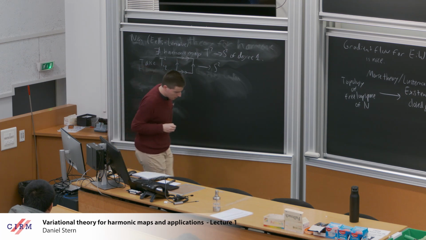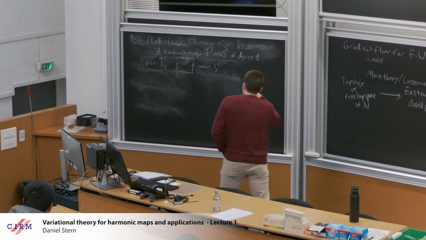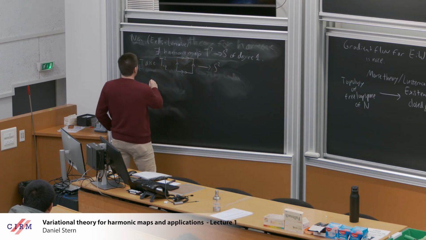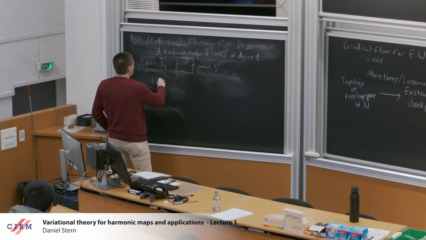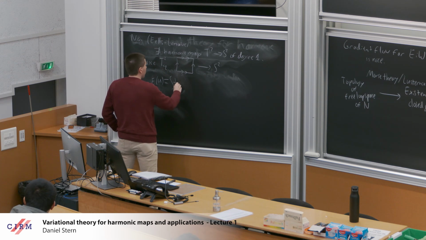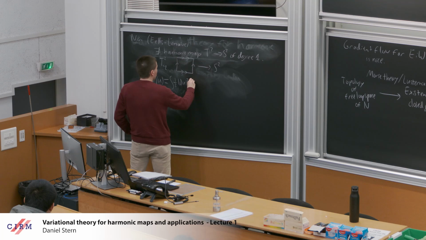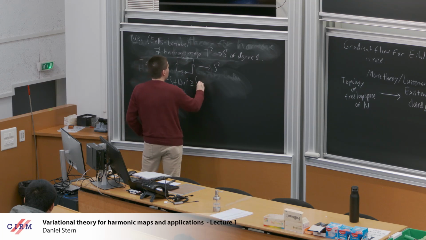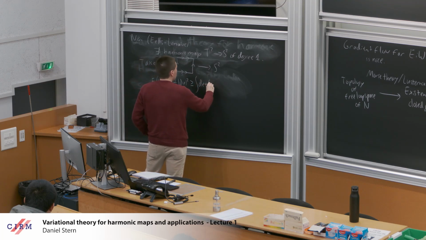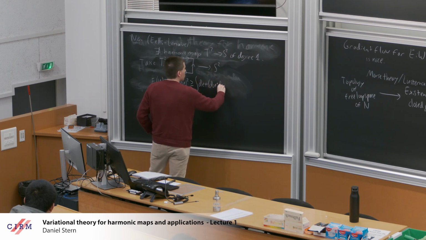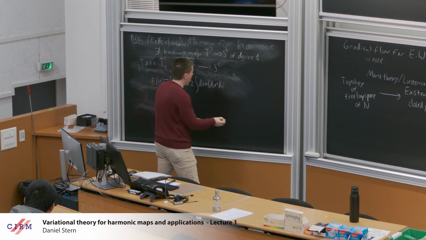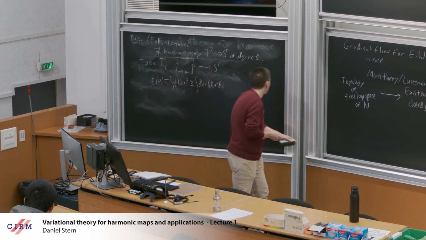So first of all, by the area or co-area formula, we know that for any u of degree 1, remember this is half |du|^2, this is going to be bounded below by the integral of the determinant of du, or if you like, the pullback of the volume form.